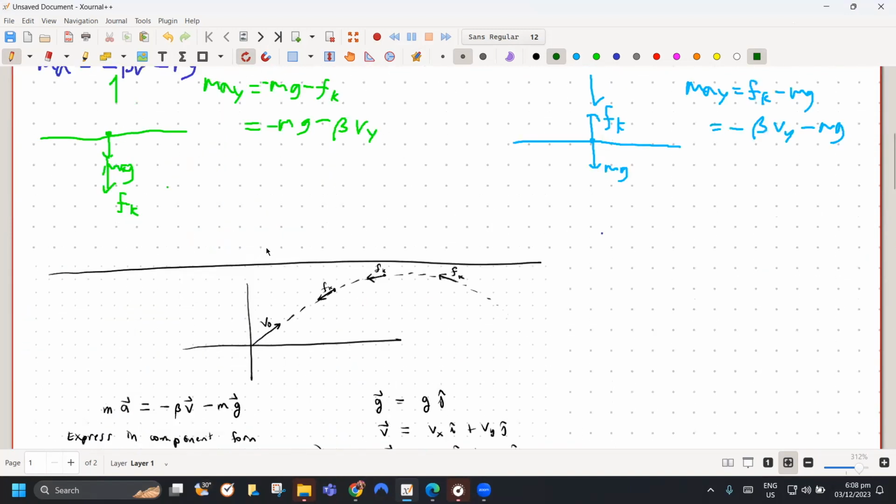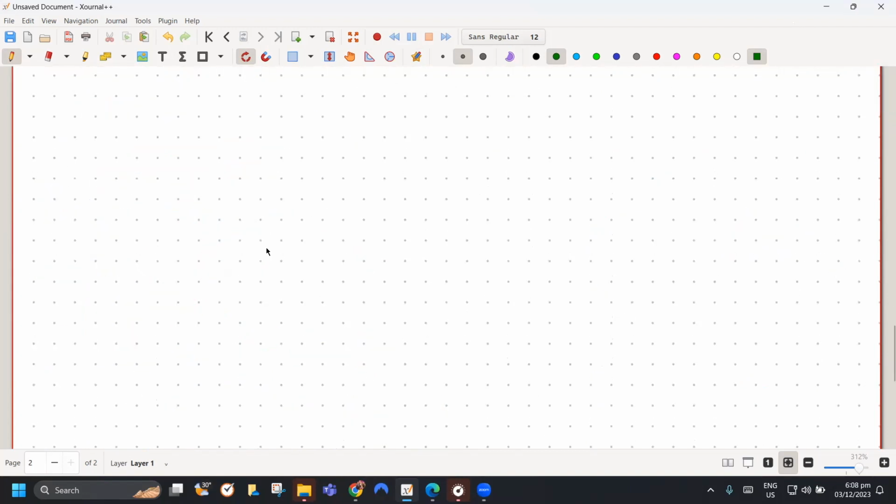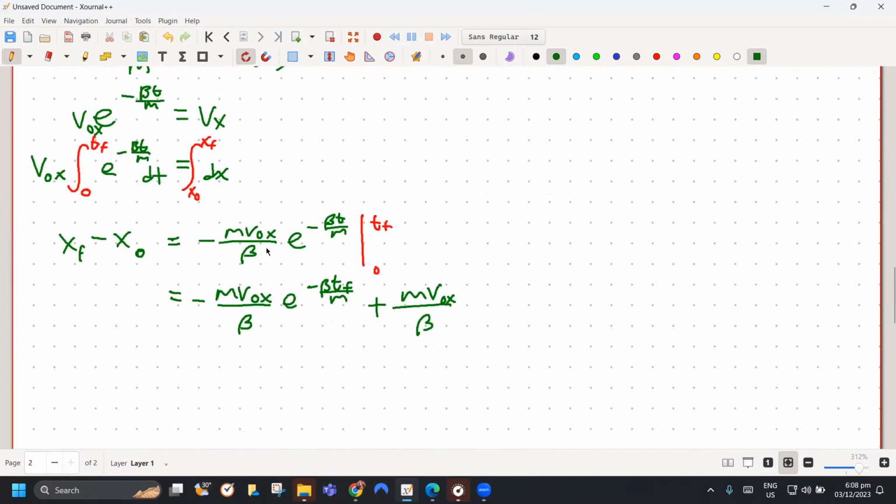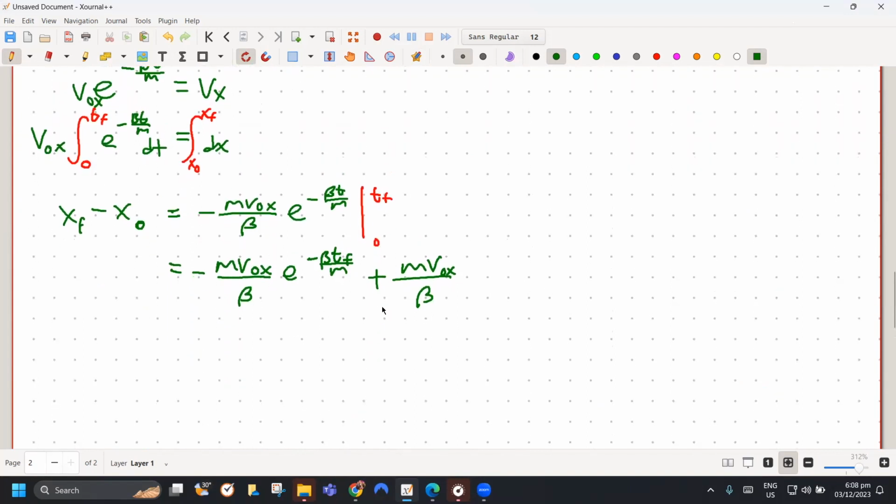Ngayon, XF minus X0 is equal to that, di ba? So, X of T is equal to what? X as a function of time.